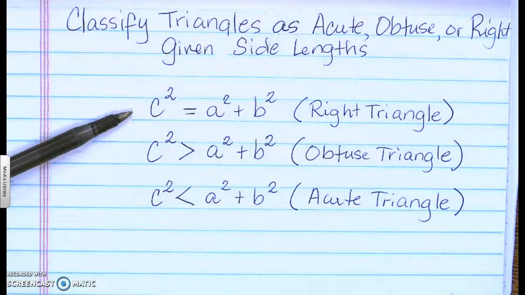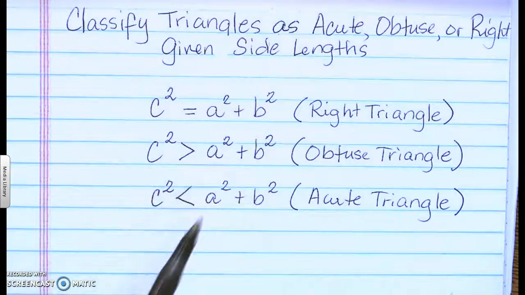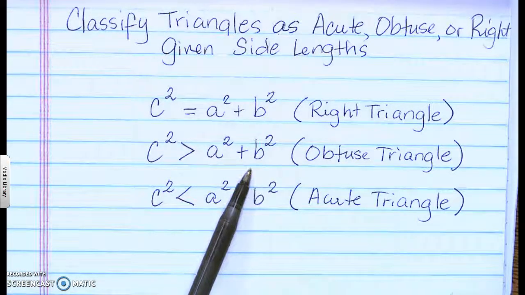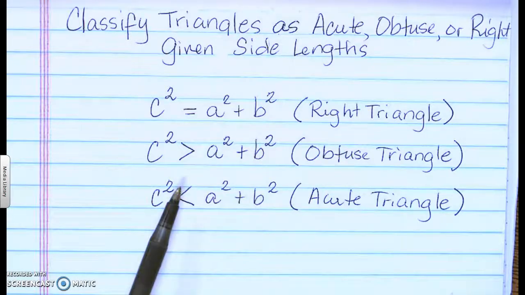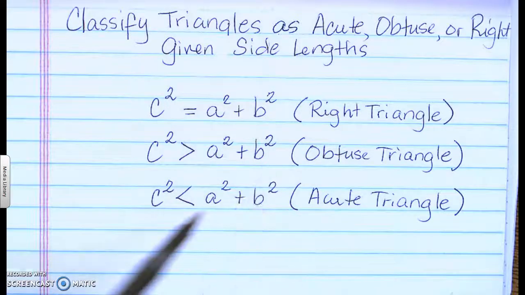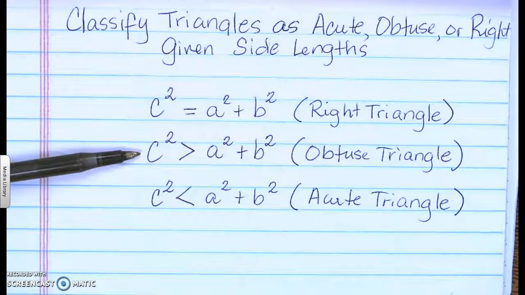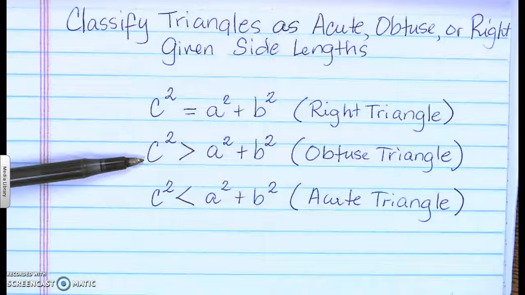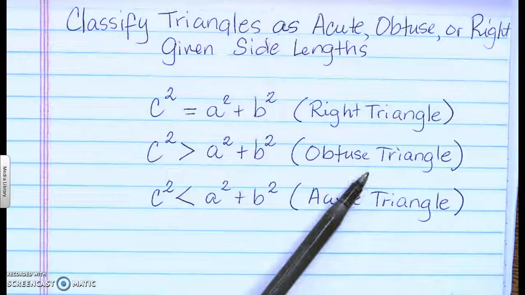However, when you take the two smaller sides and leave the longest side aside and do the a squared plus b squared on those two smaller sides, if your c squared turns out to be bigger than your a squared plus b squared, then you definitely have an obtuse triangle.